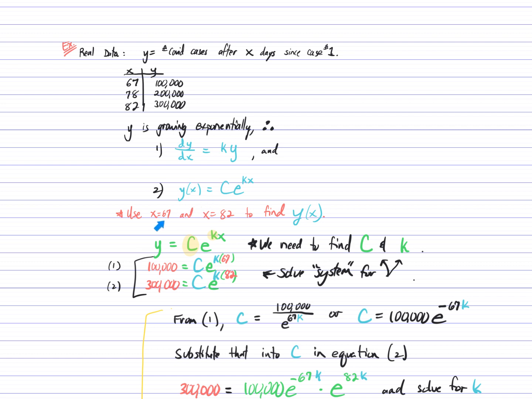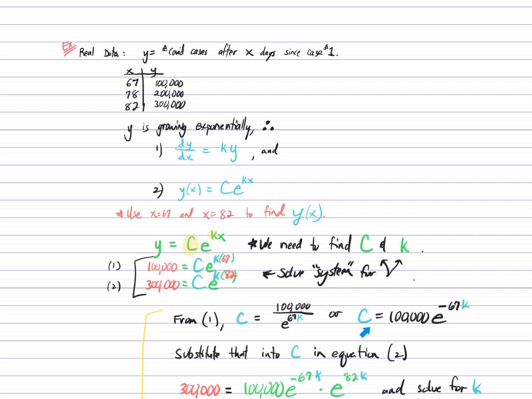So let's use the first and third values to actually find a model for this curve, y. This is the equation. We need to find two constants, the c and the proportion constant k. So when we substitute the x and y value into this equation, we have our system, and we need to find c and k. Using the substitution method, first I'll use equation 1 and solve for c, rewriting this denominator and the numerator this way.